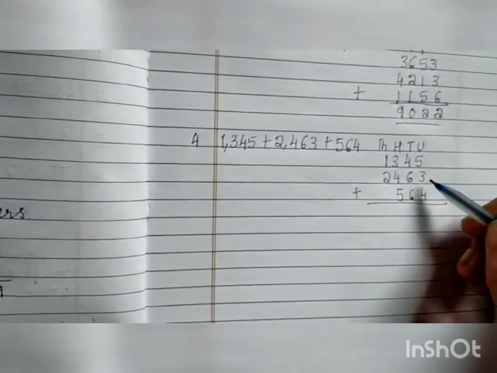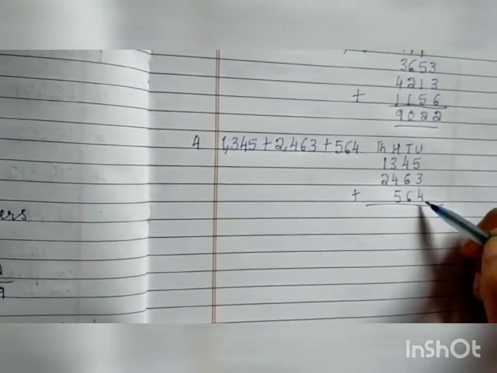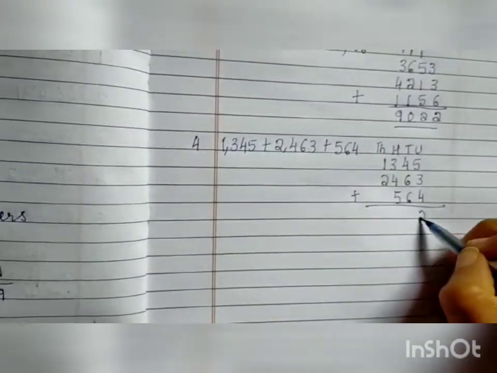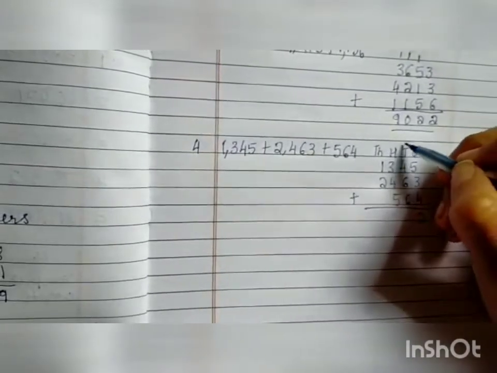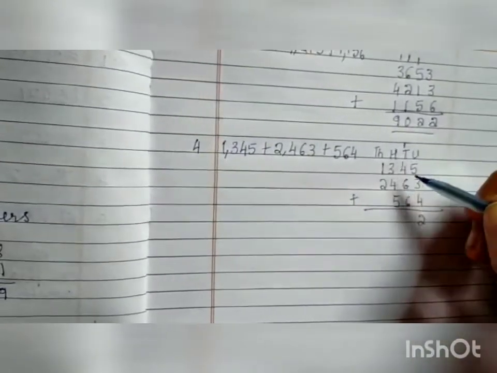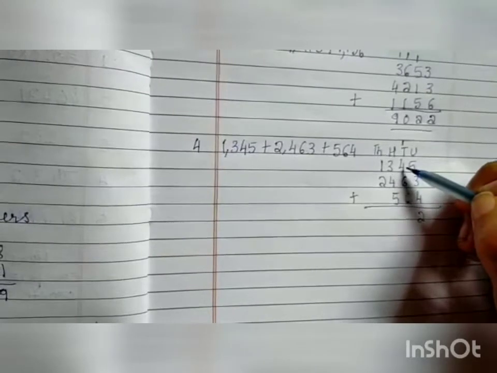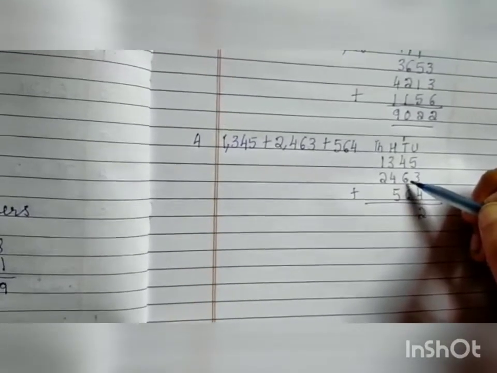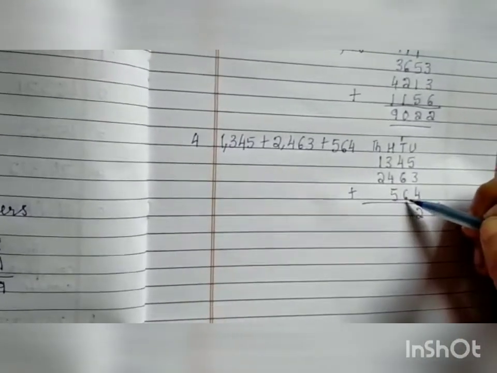5 plus 3 is 8, 8 plus 4 is 12. So 2 I am writing and 1 will go to the 10th place. Now 1 plus 4 is 5, 5 plus 6 is 11, 11 plus 6 is 17.